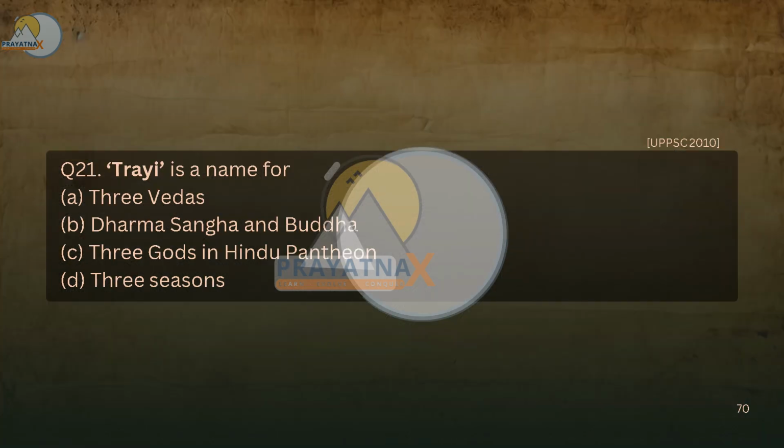Trai is a name for A, the three Vedas, B, Dharma, Sangha and Buddha, C, the three gods in Hindu pantheon, and D, the three seasons. So Trai is also called Vedatrai, and it refers to the first three Vedas being the Rigveda, the Yajurveda and Samaveda.